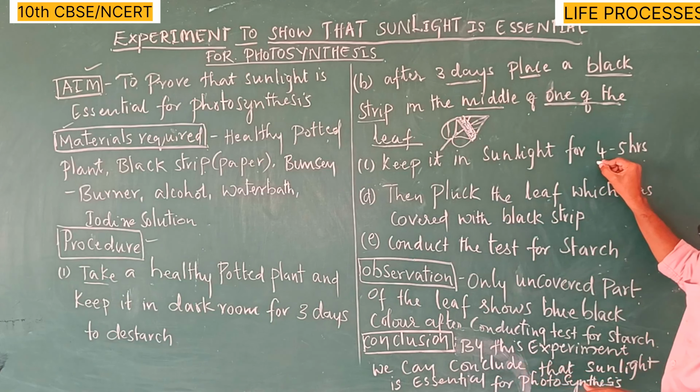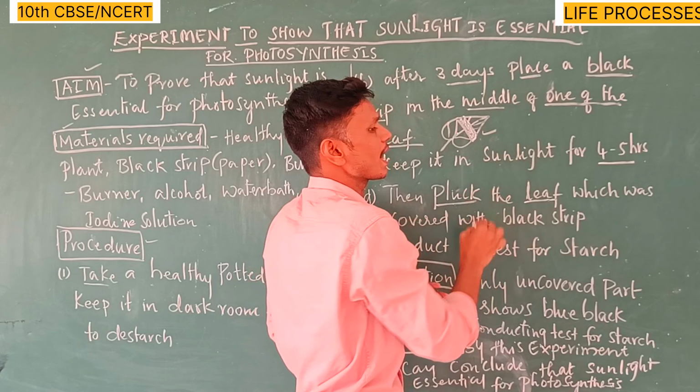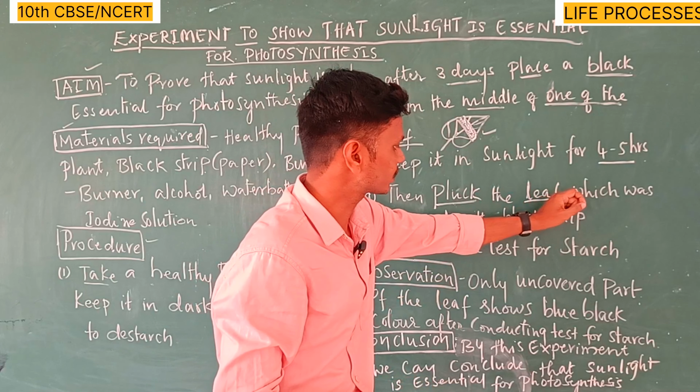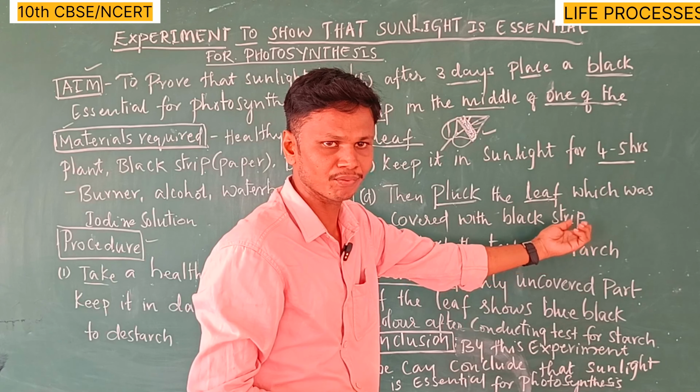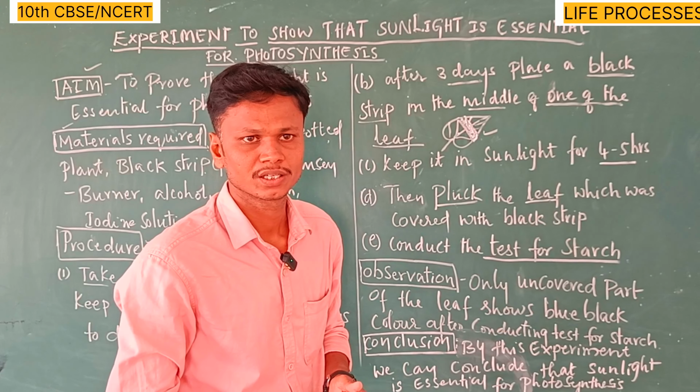Again, we are allowing the plant to do photosynthesis. Next, pluck the leaf. Not any other leaf, but the one which we have covered with the black strip. The strip-covered leaf will be plucked, and then we have to conduct the starch test.